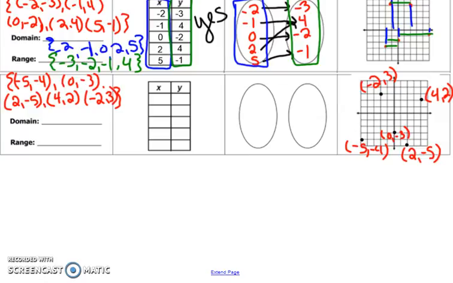Now that we have our ordered pairs, it makes it a little easier to fill in the table and fill in the mapping. Again, makes our life pretty easy when we go to the mapping. I'm going to put them in order this time.